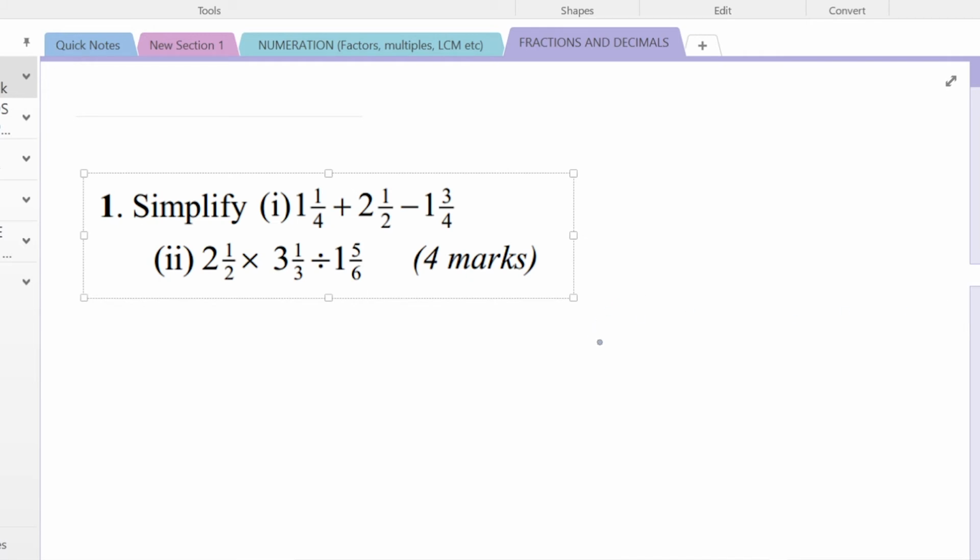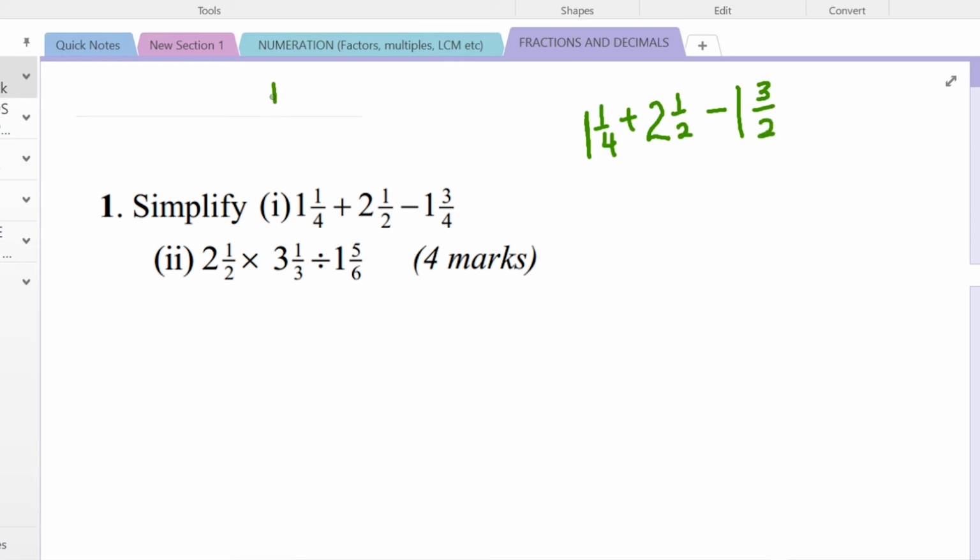Moving on to this one, pretty much like before, very obvious. One whole number and a quarter plus 2 whole numbers and a half minus 1 whole number, 3/2. Here we shall follow BODMAS: brackets, of, division, multiplication, addition.